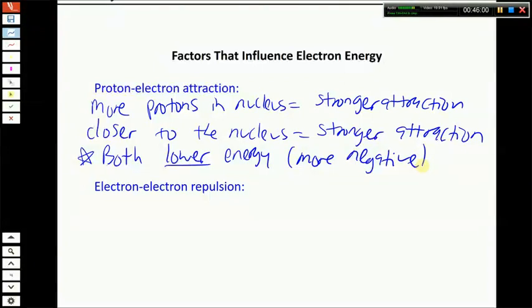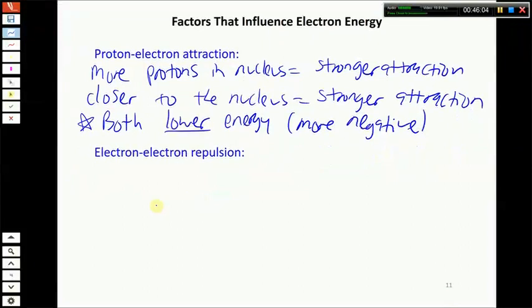But there's a competing problem. There's a competing factor that goes into this, which is electron-electron repulsion. So if you have more than one electron, now before I write this statement out, remember that for the Bohr model, which only works for one electron systems, the ground state is always n equals 1. That's the place where the electron gets closest to the nucleus and maximizes the proton-electron attraction.